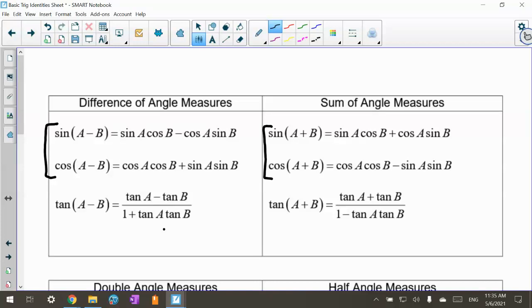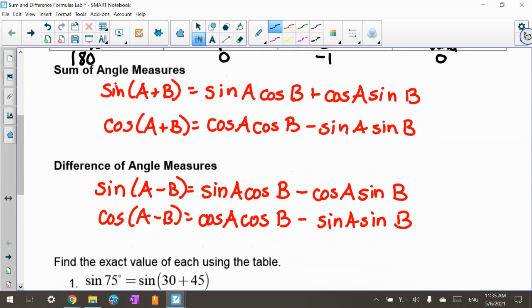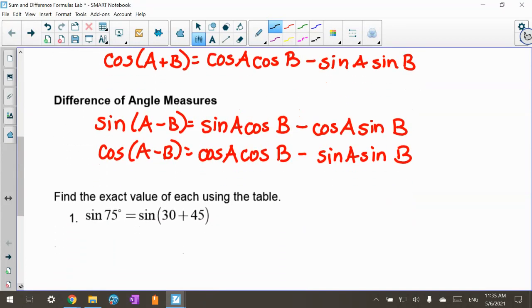I put the sum of the angle measures, copied here for sine and then cosine, and then the difference of angle measures for sine and cosine here. Again, you can stop this video to copy it down or look right on your yellow sheet on the back. So this video is basically to help you use these and to show that you can find exact values for angles, knowing the basics that we have.